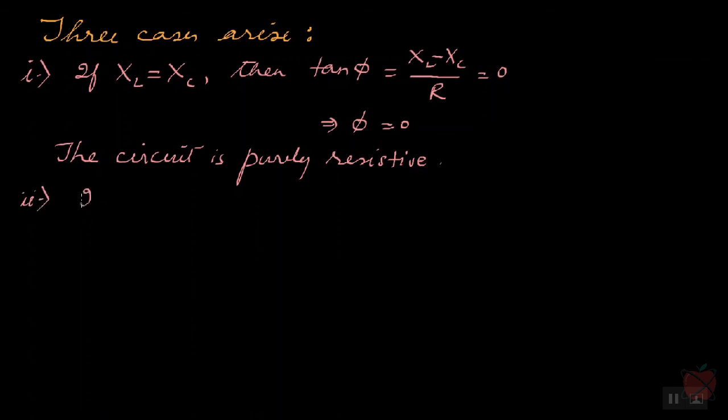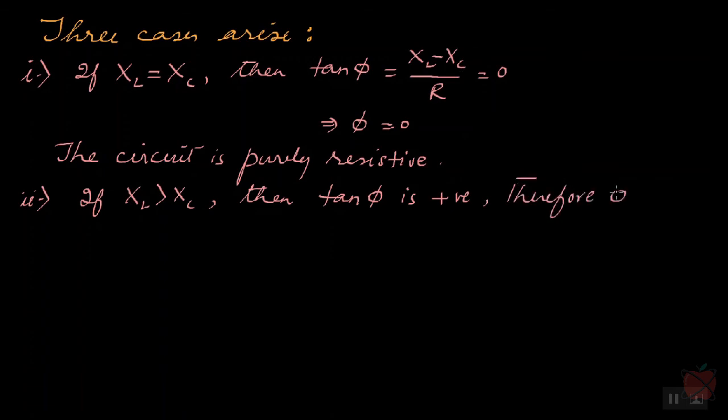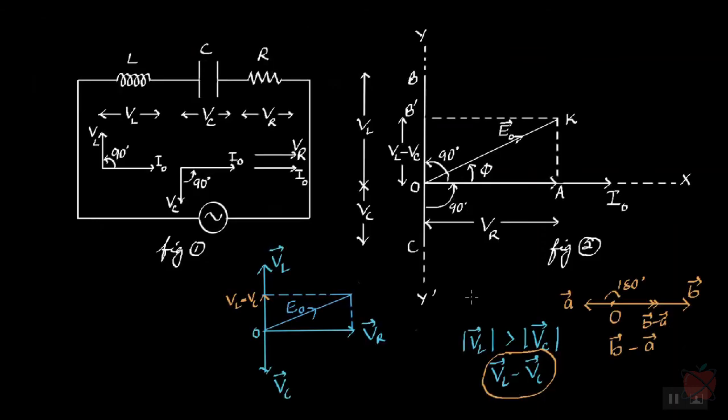Number two, if suppose XL is larger than XC, then tan phi is positive. Yes or no? Because XL minus XC would be positive, right? So therefore phi is positive. Now tell me, what is that circuit where phi is positive? Phi positive means, just have a look here, it is positive, going like this, not down, right?